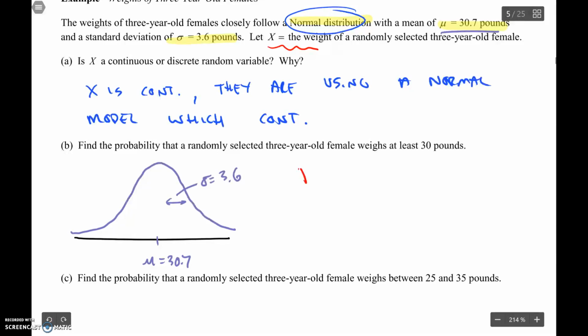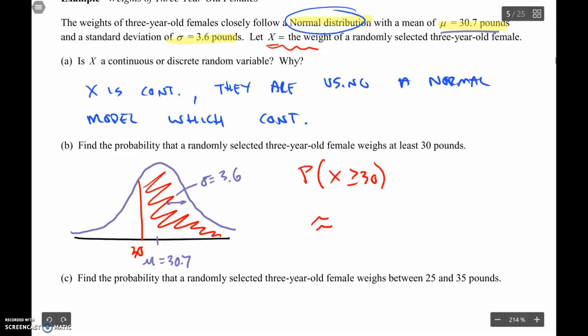And then I want to calculate the probability that my random variable x weighs at least 30 pounds. So that's 30 pounds or more. The last piece of information we have to put on there is the cutoff and the area we're trying to find.